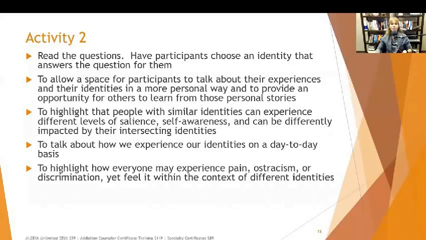It highlights that people with similar identities can experience different levels of salience and self-awareness, and can be differently impacted by their intersecting identities. To talk about how we experience our identities on a day-to-day basis.